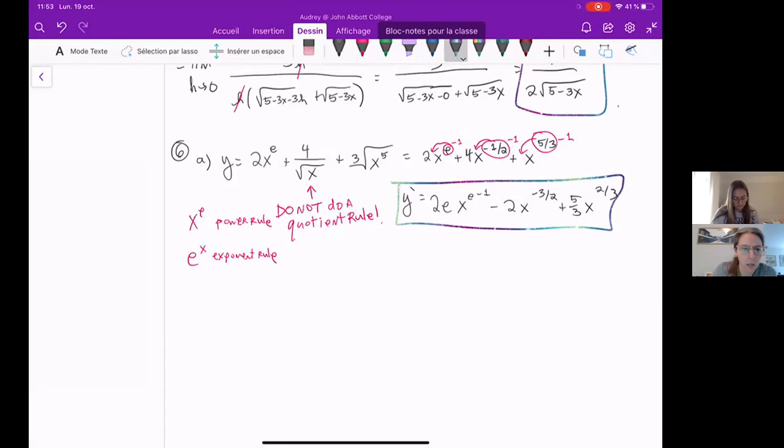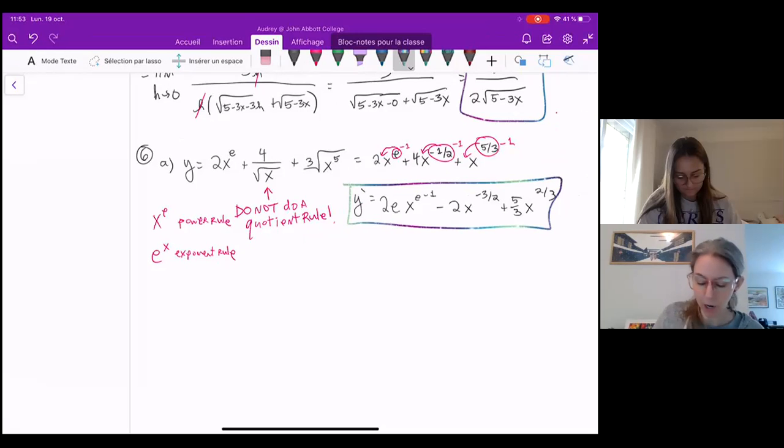Now, hang on, I want to look at something real quick. Okay, so just because on your group work, I was really, really surprised at how many people did the quotient rule for this part.